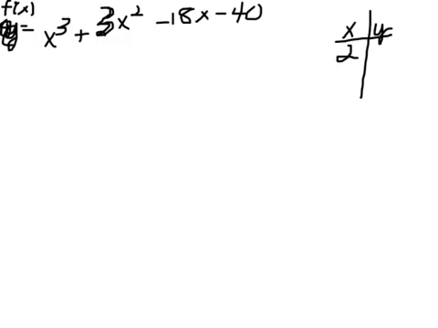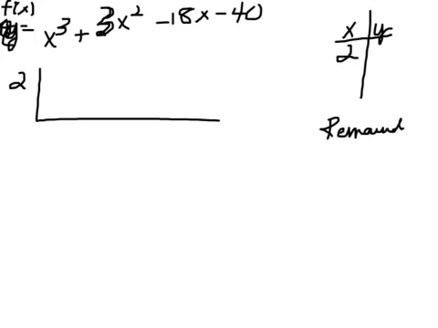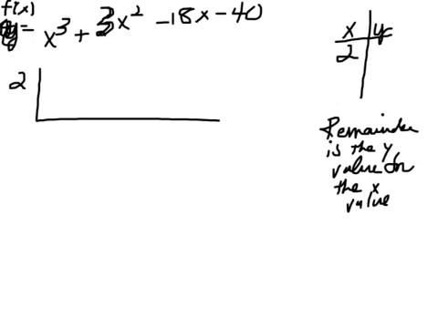If I want to plug in x is 2, for instance, I'll do synthetic division by 2. And the very last number over there, the remainder, will be my y value for the x value I divide by.